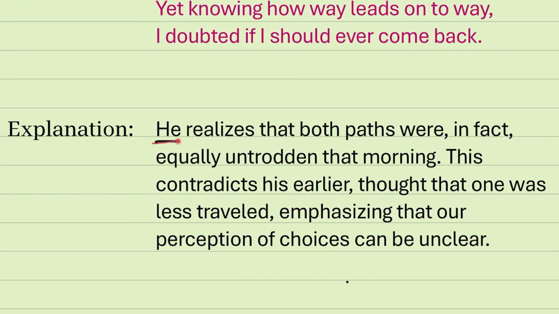In the third stanza, the poet realizes that both paths were, in fact, equally untrodden that morning. This contradicts his earlier thought that one was less worn, emphasizing that our perceptions of choices can be unclear.